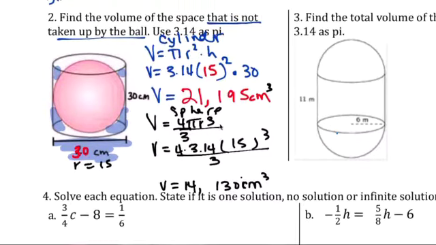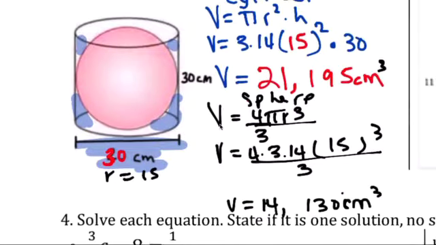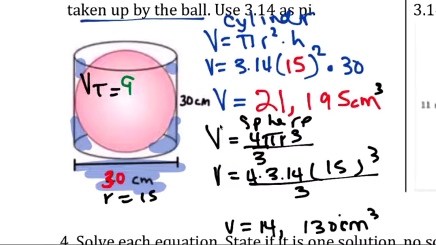Now to find what's not taken up, you have to subtract. Okay, so you subtract the sphere from the cylinder. So for the total volume, we'll find 21,195 minus 14,130.